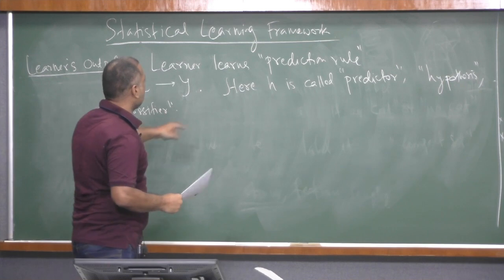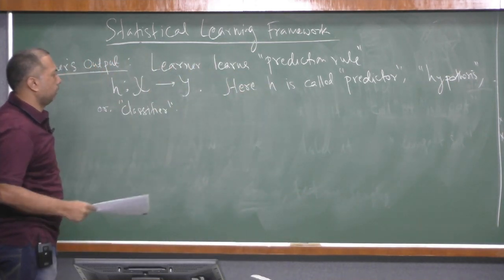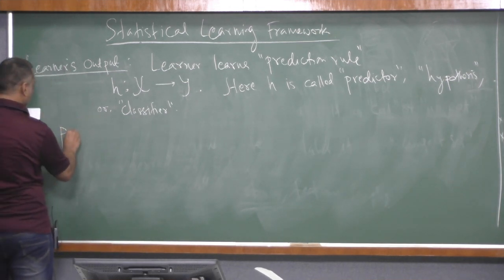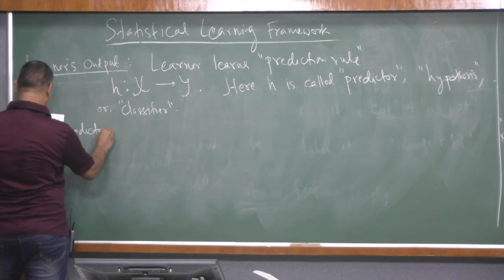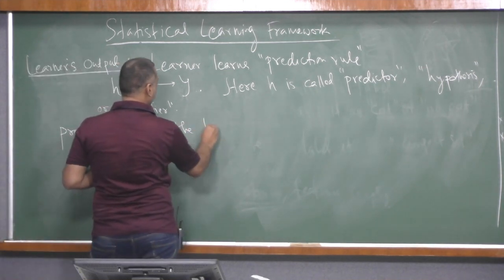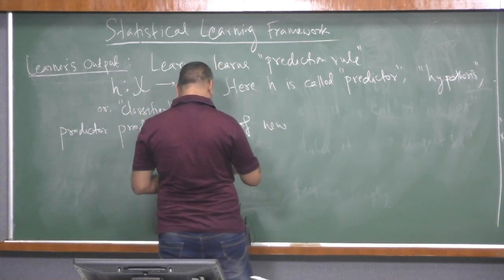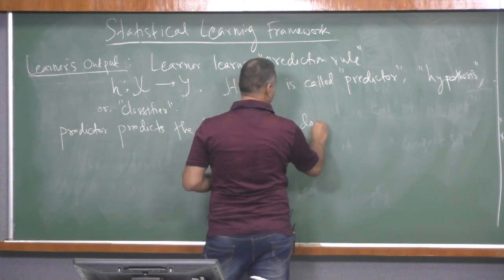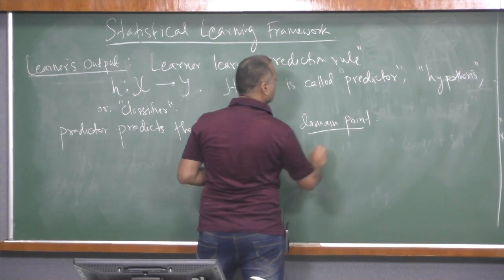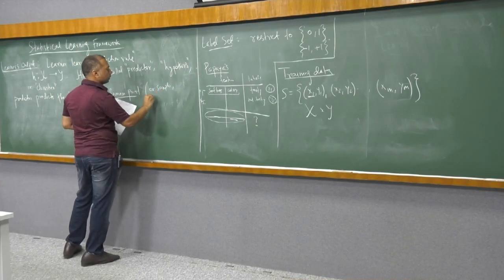Obviously the goal of the predictor is to predict the labels of new data, of a new domain point, or sample, or instance.